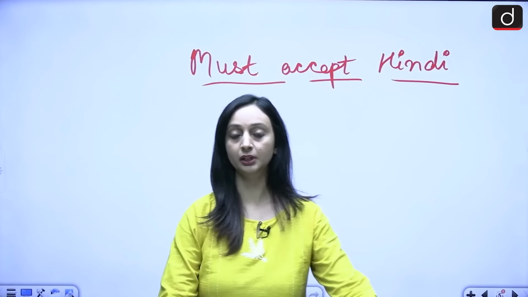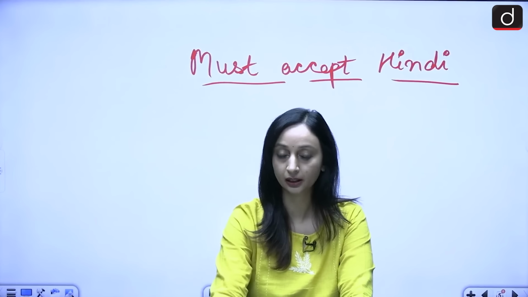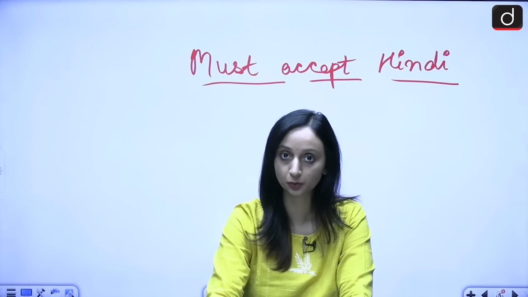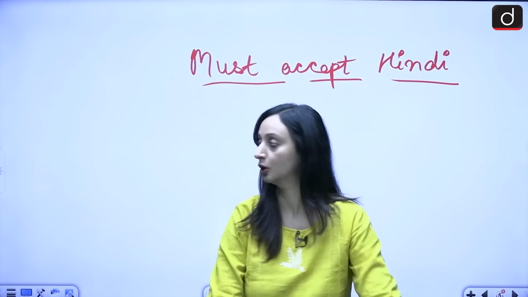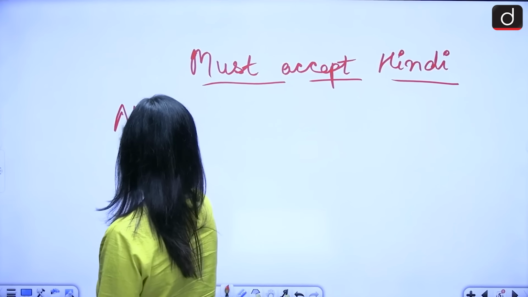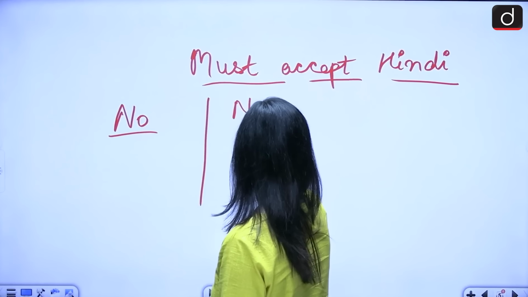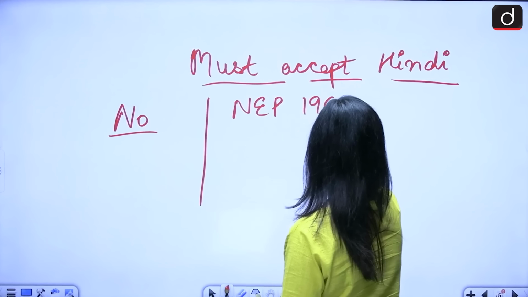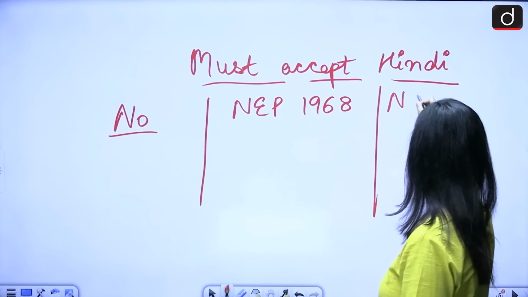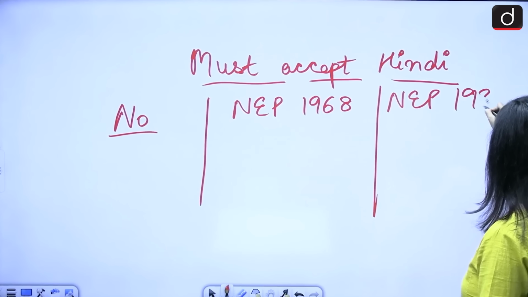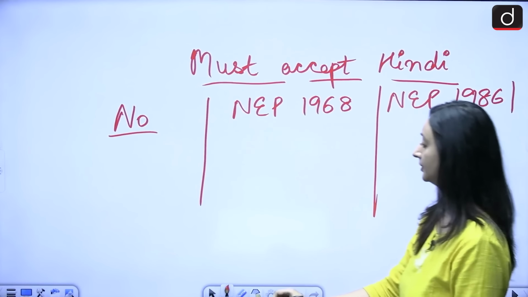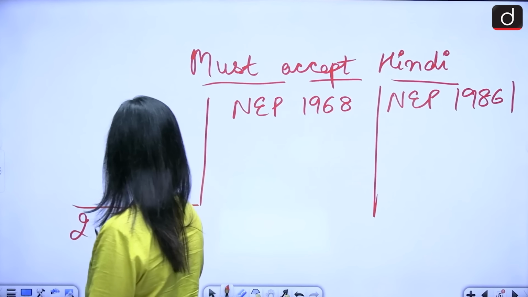Now, the thing to note here is: does NEP 2020 say that Hindi has to be included in those 3 languages? No. If we talk of NEP 1968, NEP 1986, and finally NEP 2020.